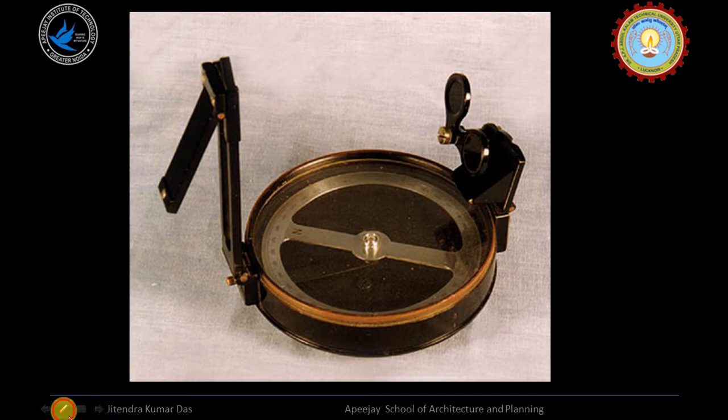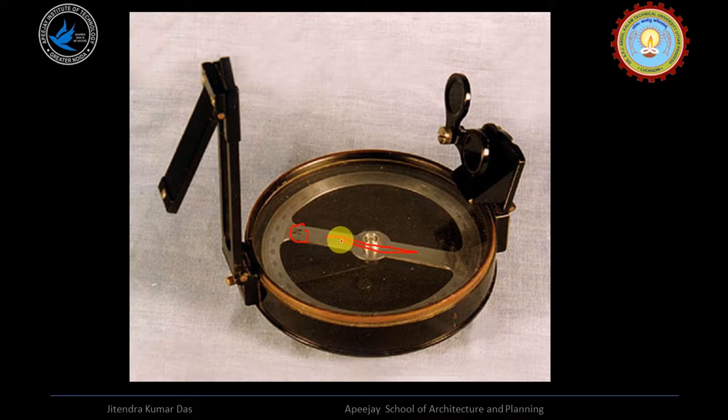Here is an image of a prismatic compass. We can see that this compass helps us to establish the magnetic meridian. Here you can see north is marked, and there is an aluminum circular scale with gradings already made on it.